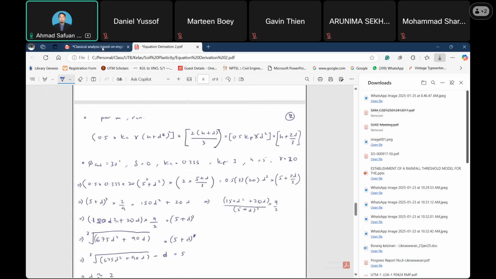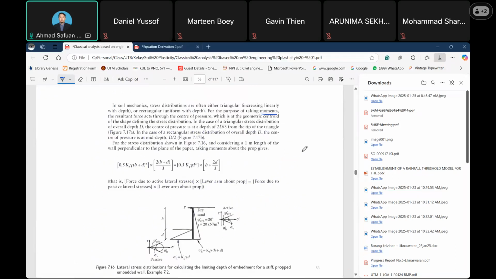For the stress distribution shown in figure 7.16, considering a 1 meter length of the wall perpendicular to the plane of the paper. This means that in reality it is a three-dimensional geometry, but we have discussed before that we use the plane strain approach. So the value of the load or stress is considered per meter run.